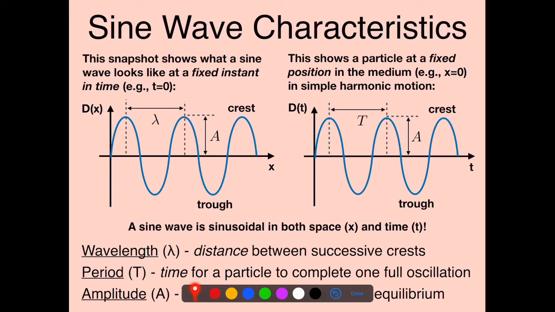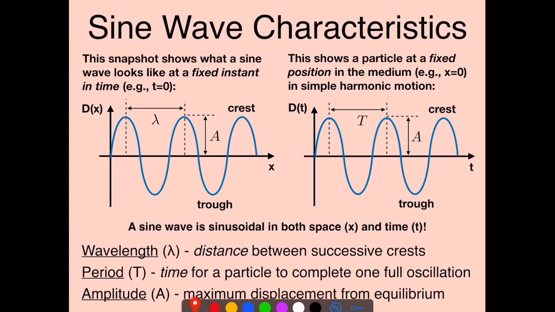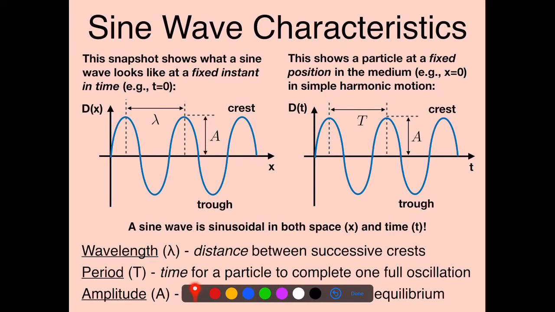And we can pick out the amplitude, the maximum displacement from equilibrium, just by looking at how high the crest goes for our wave. So in other words, if we start here at 0 displacement and then work our way to the crest of the wave, that's the amplitude A. That's the maximum displacement from equilibrium.